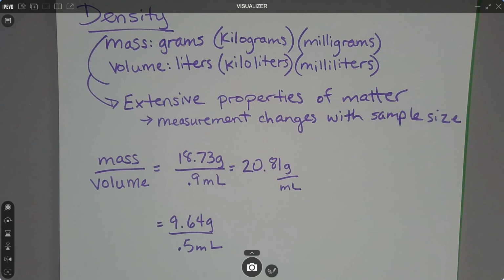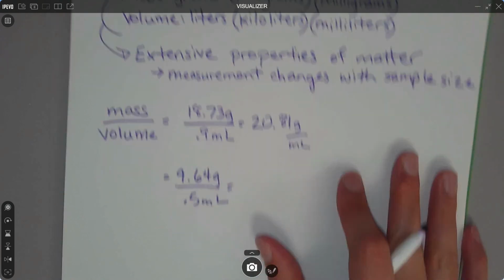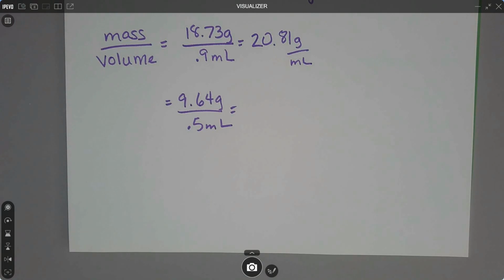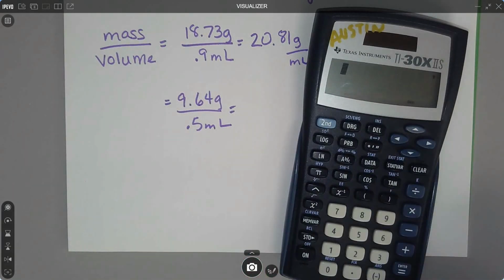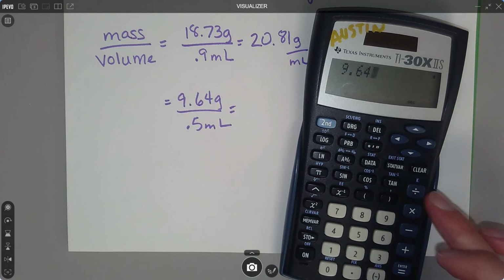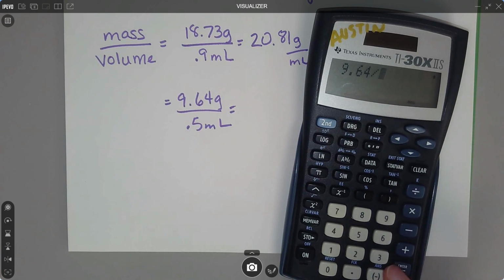Okay. So what's this one? What does that one come up to be? Stick that in your calculator. 9.64 divided by 0.5.